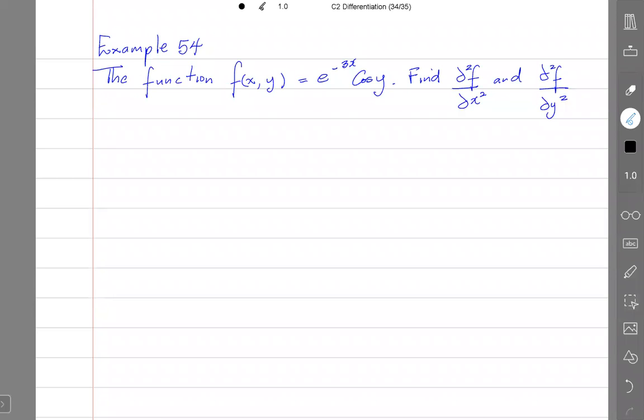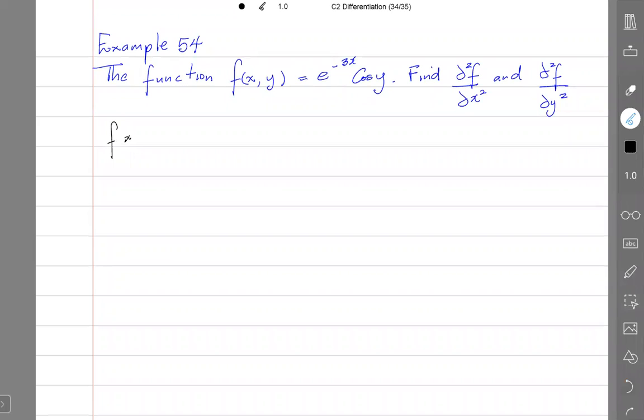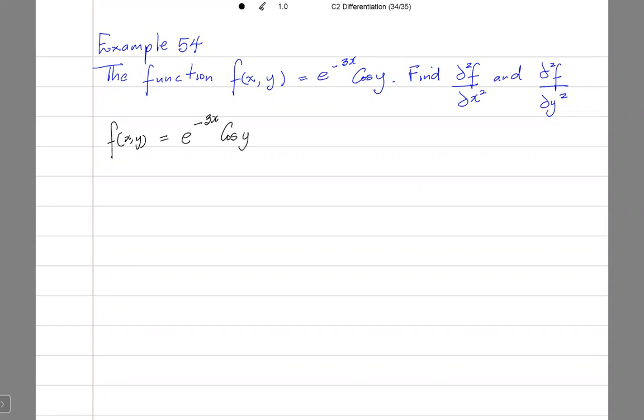All right, so example 54. We have f of x, y is equal to e to the minus 3x times the cosine of y. So let's partially differentiate with respect to x twice. So we have del f by del x.